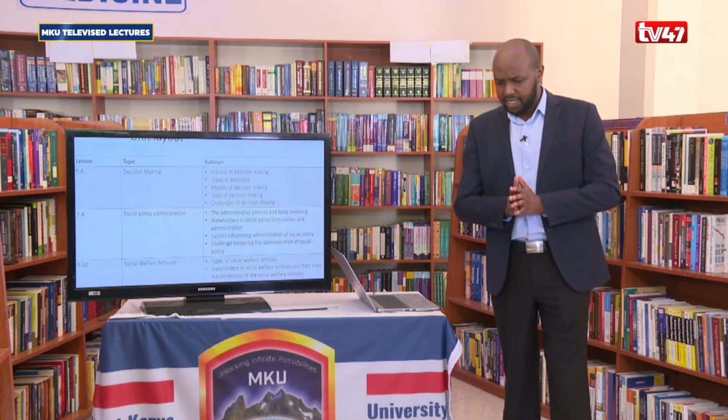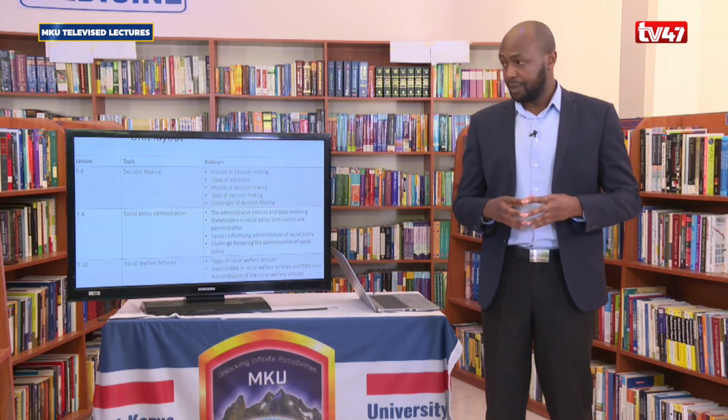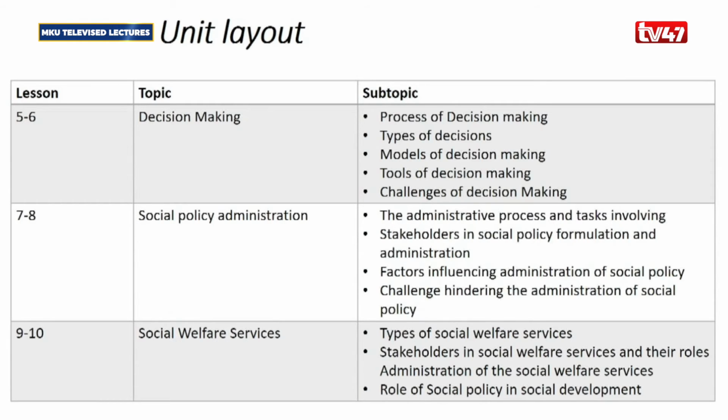Then next, we will be looking at social welfare services. In this case, we'll be looking at the different types of social welfare services that exist. We'll also be looking at the stakeholders that are involved and their roles in the administration of social welfare services. And we'll also be looking at the roles of social policy in social development.